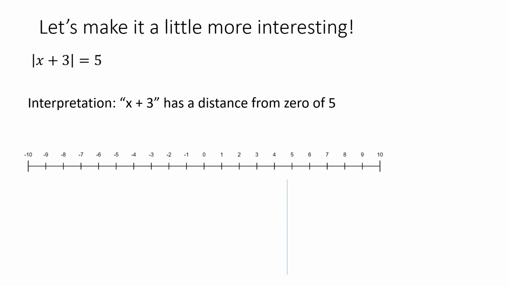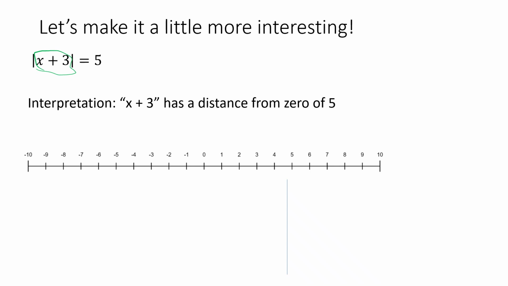What that statement means is X plus 3, that's the thing inside the absolute value, the thing you're taking the absolute value of, has a distance from 0 of 5. Again, we're using that definition. So instead of just X has a distance from 0 of 5, we have X plus 3 has a distance from 0 of 5.